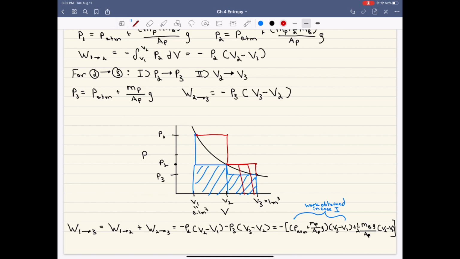And so then the work required for the backwards compression, it would still be more than the work required for the forward process, but now that area is a little bit closer, the magnitude of that area is a little bit closer to what we got for the magnitude of the forward case.